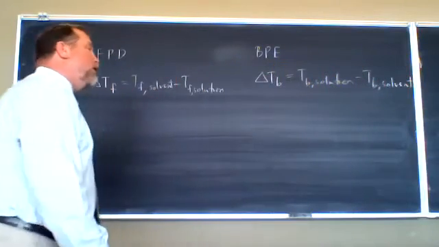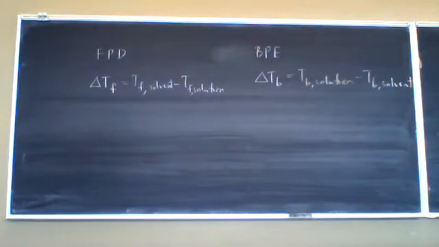The idea here is that we always want this difference to end up being a positive value. Now, if you're in a hurry on a test and you forget to calculate them so that you get a positive value, it's no problem. Just go ahead and turn it into a positive value.